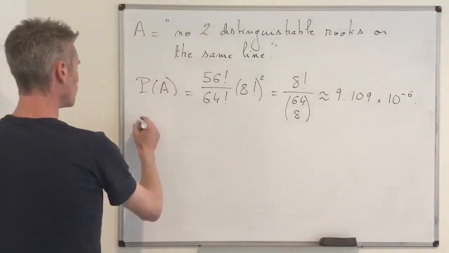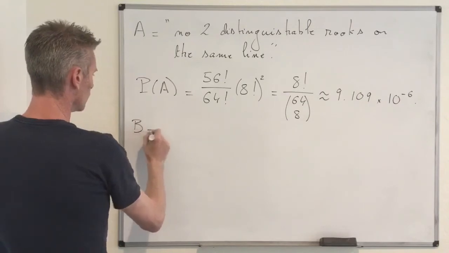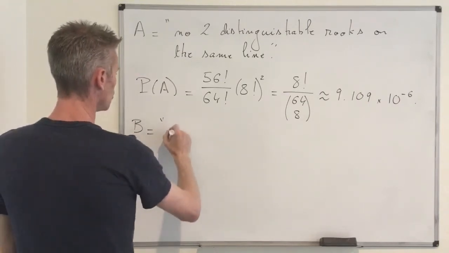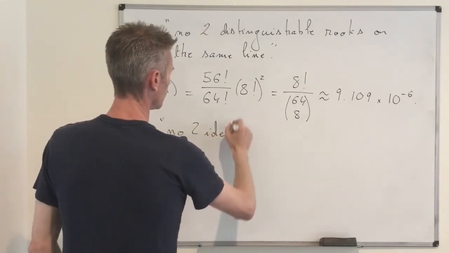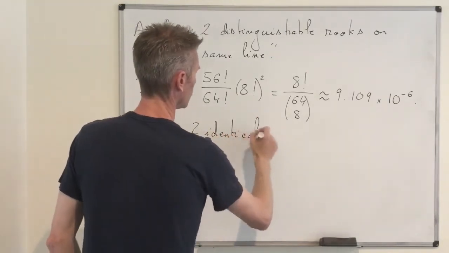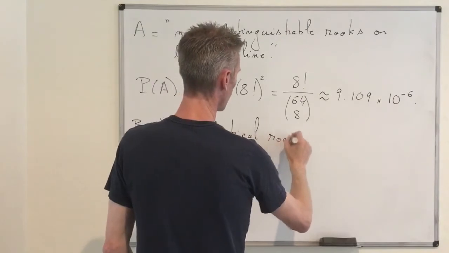So now we call B the event that no 2 identical rooks are on the same line.